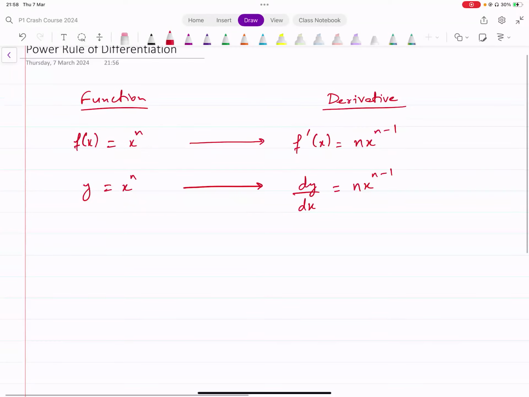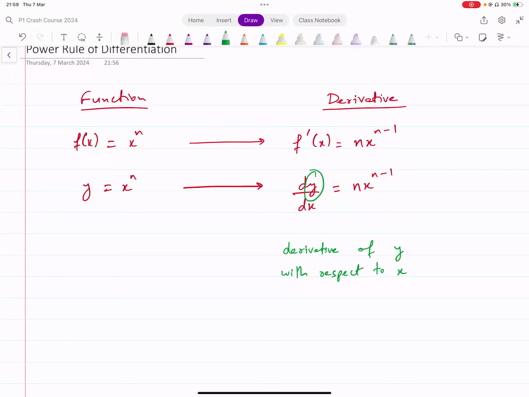Now, how do you read this? This basically means the derivative of y with respect to x.